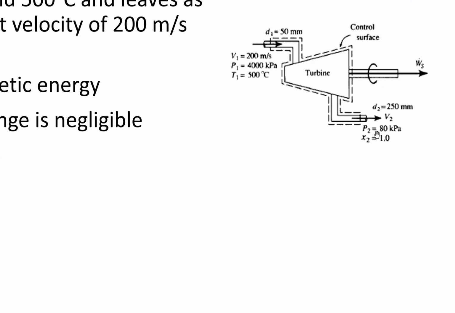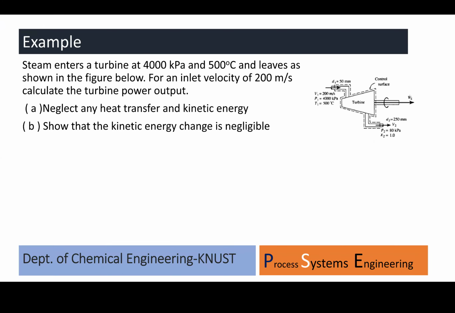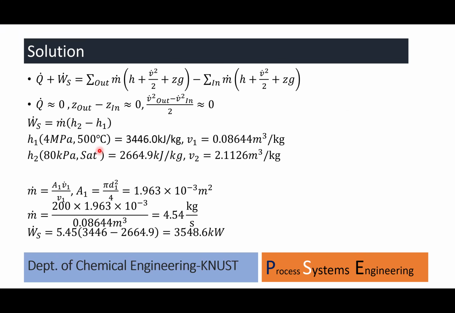So we'll read the saturation enthalpy at this pressure. So it's the enthalpy we are looking at. So we can now put that value in there for H2. And then we can find the difference between them, right? So we can put that in this expression.